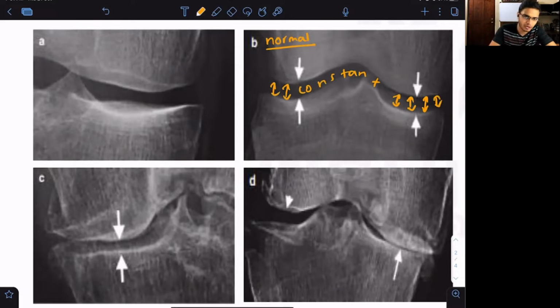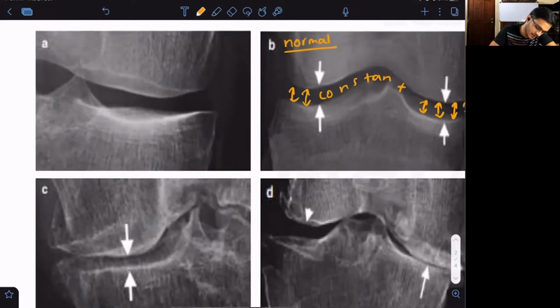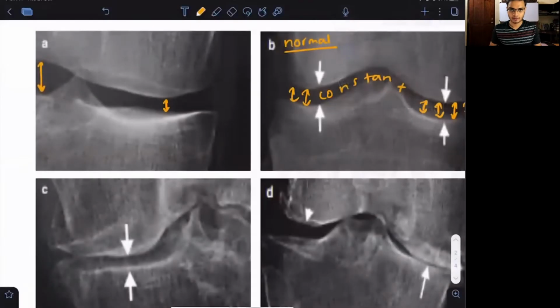As opposed to that, look at this A diagram. Somewhere here, the joint space is very large. Somewhere when we come here, look at the joint space, very small, right? So there are joint space alterations, right? Joint space narrowing, we call this joint space narrowing. Give me a second, guys. I think my screen is a bit stuck. Right?